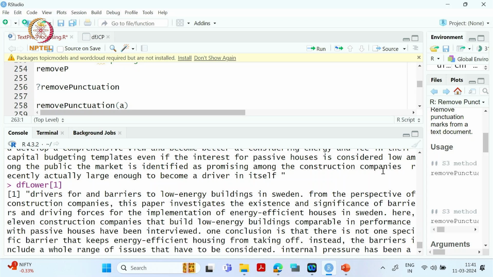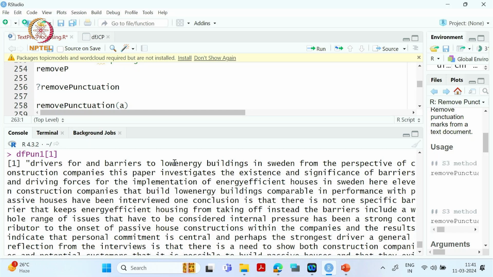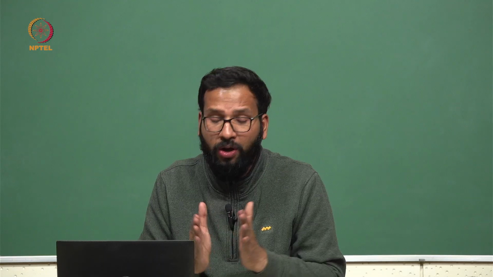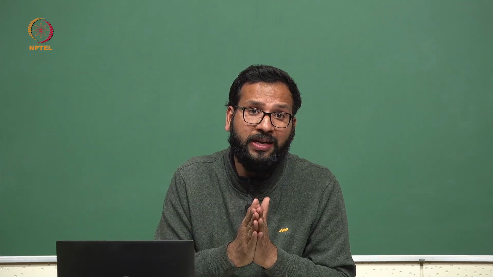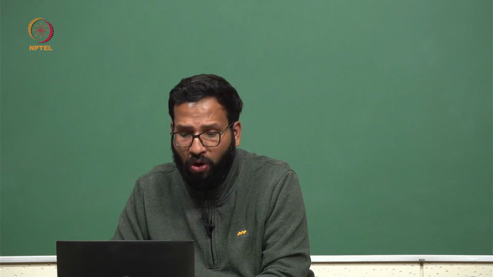If you see here, this low energy is one word now, but we want, after removing the punctuation, two words, low and energy. We don't want these two words as a single word, but as two separate words. So how will we do it?